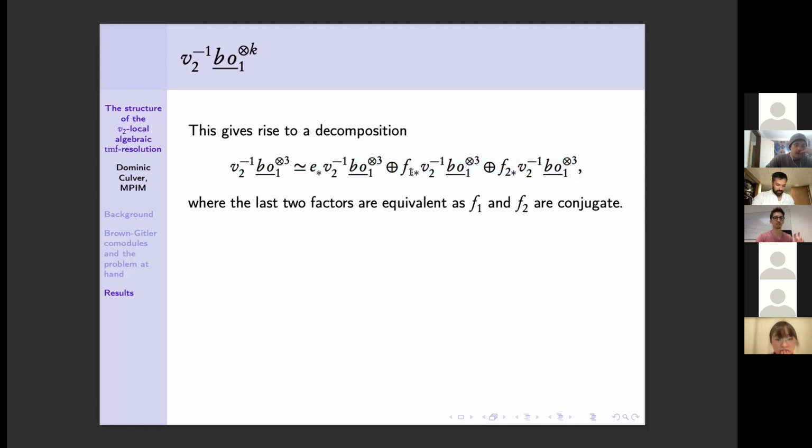Because F1 and F2 are conjugate, these 2 factors are actually the same. That's really interesting because you saw these 2 BO1 type patterns showing up. So you might think that these 2 things are just going to be equivalent to BO1.